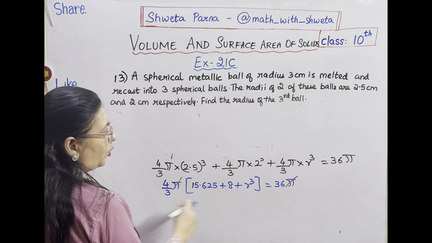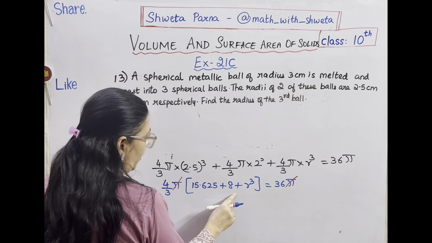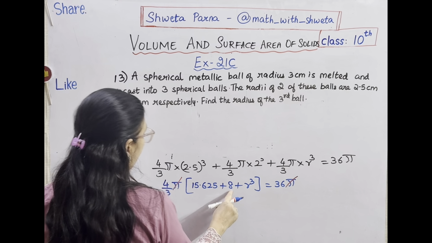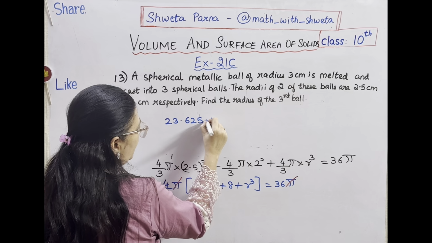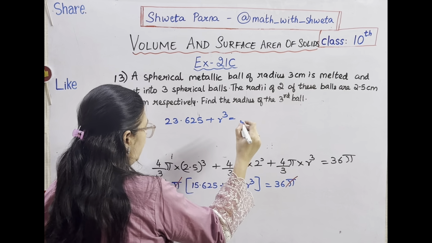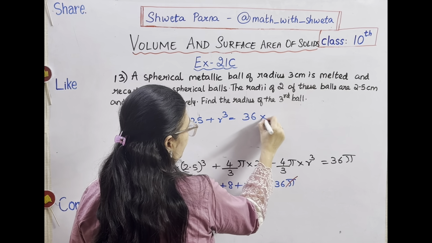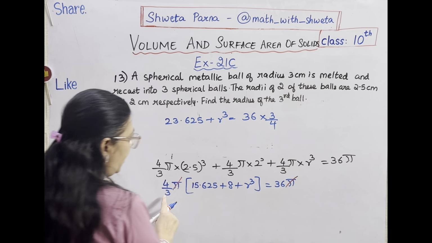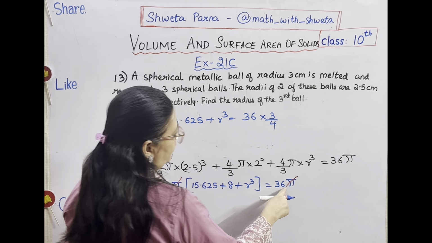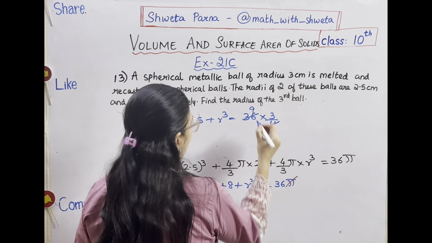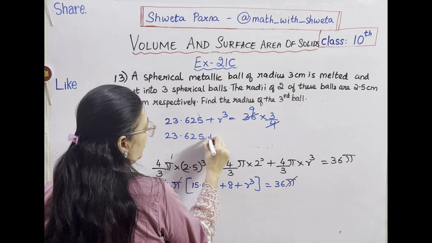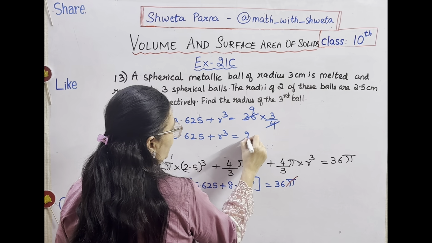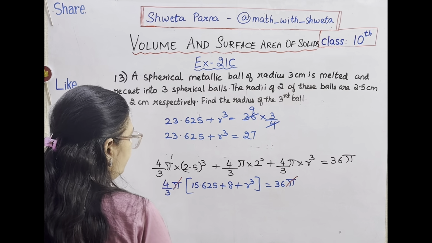So let's take 4 upon 3 to the other side. When you add this, 15.625 plus 8 is 23.625 plus r cube is equal to 36 into 3 upon 4. I have taken this 4 upon 3 to the other side. 4 9s are 36, so 9 times 3 is 27. So 23.625 plus r cube is equal to 27.